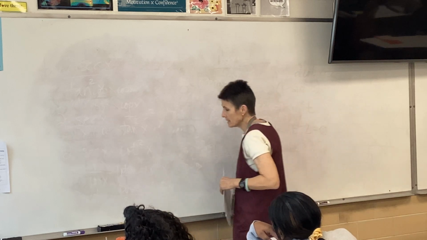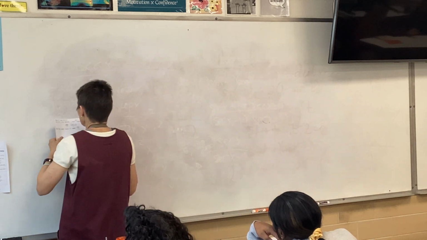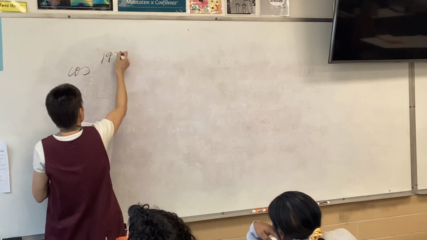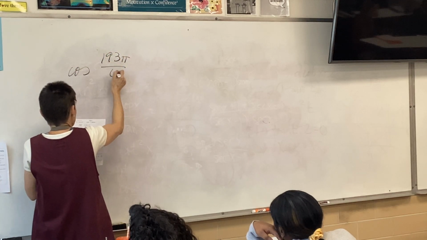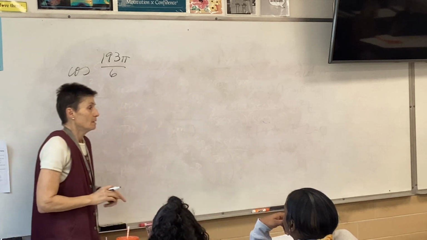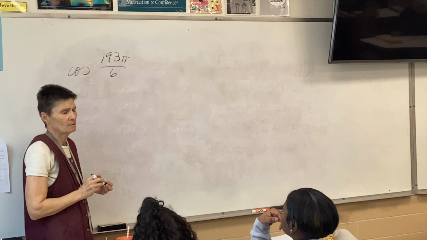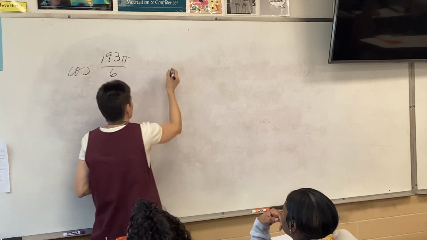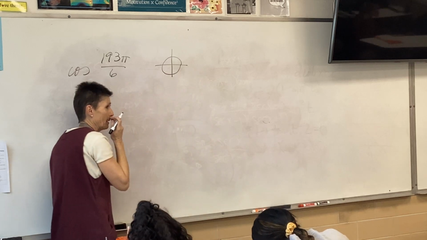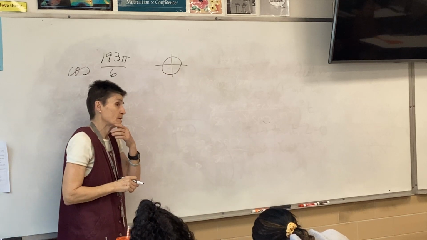Remember, I don't have a calculator, and I'm going to find the cosine of 193 pi divided by 6. What's all the way around? 360. In degrees, it's 360.